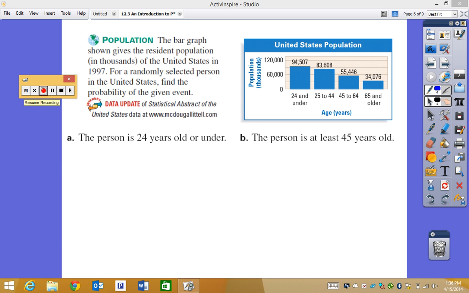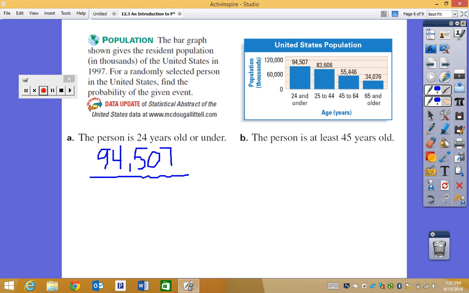In the next question, the bar graph shown gives the resident population in thousands of the United States in 1997. For a randomly selected person in the United States, find the probability of the given event. So in 1997, I want to find the probability that the person is 24 years old or under. So I take a look at the 24 or under, which is 94,507, and I need to divide that by the total population of people that were surveyed.